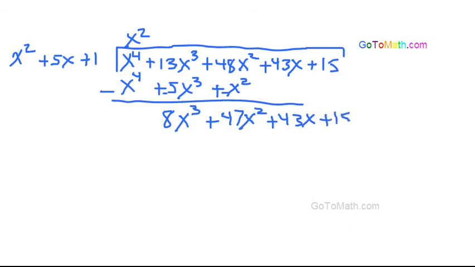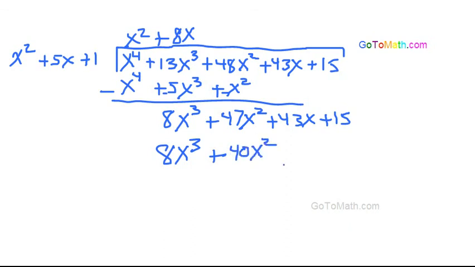Plus 15. Alright, so x squared goes into 8x cubed, and you're left with 8x. So we're going to have 8x after multiplying again. 8x times x squared is 8x cubed. 8x times 5x is going to give us 40x squared.